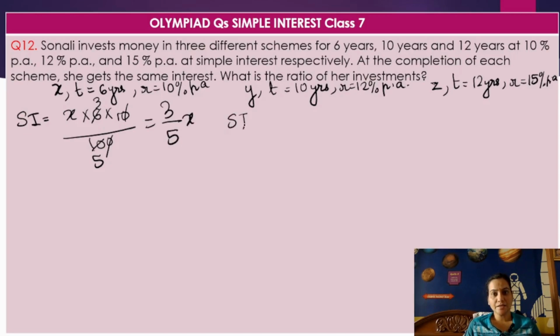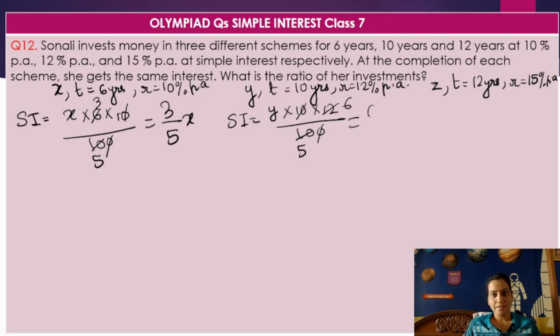Similarly, simple interest here in the second scheme will be Y into 10 into 12 by 100, right? So here we will get again 2 6s are 12, 2 5s are 10.